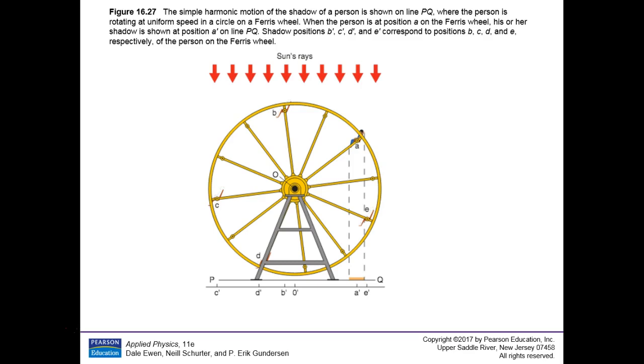Tons of things in physics, and you've experienced them too, go by simple harmonic motion. If you just think about it, light and dark, day, night, seasons, everything repeats itself in certain cycles.